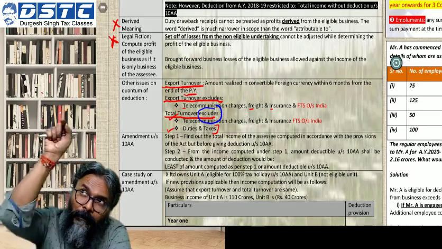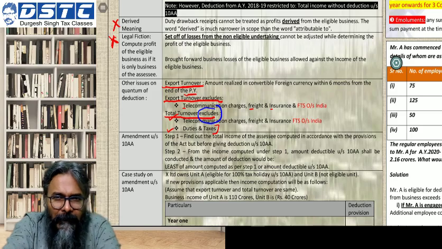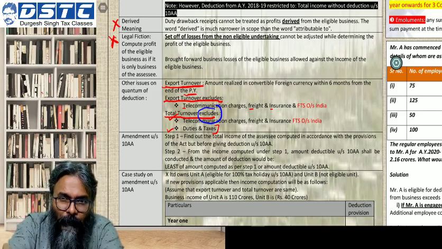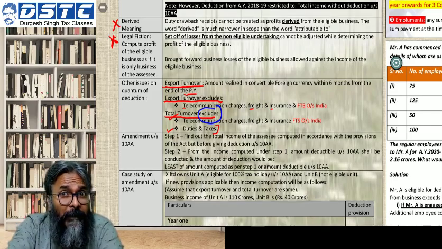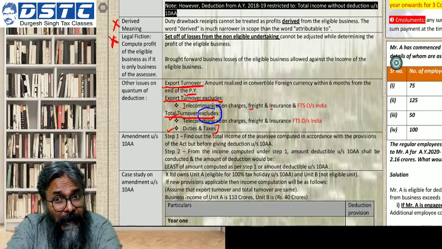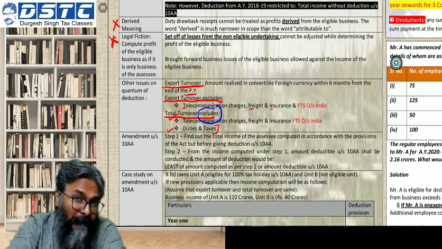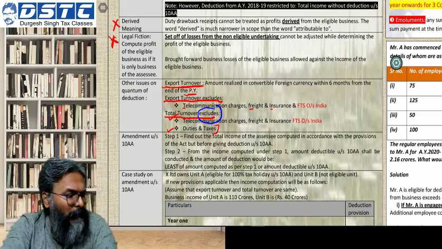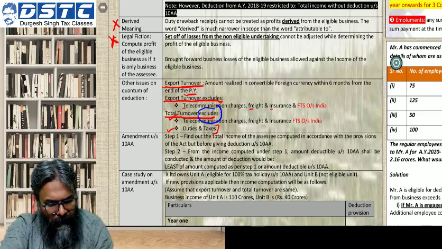But when it came down to my export turnover, that I have to reduce only on the realized portion, which was 45. On that I have taken 80%, which is the realized amount. So I hope that this query is sorted out in this regard.